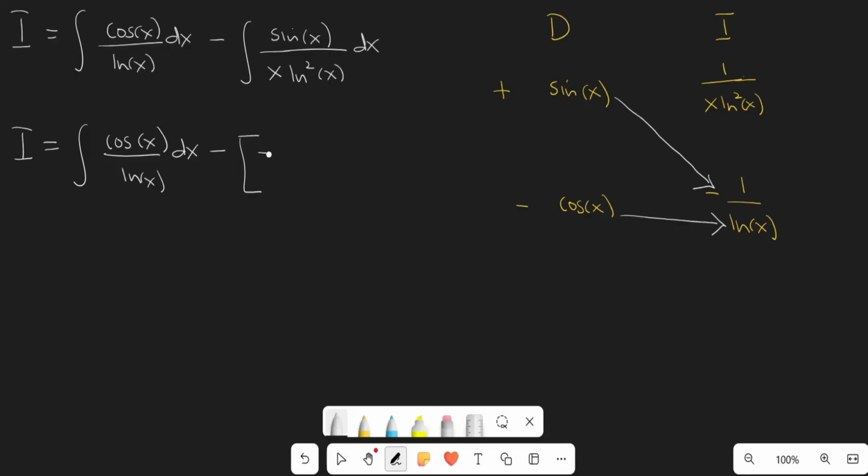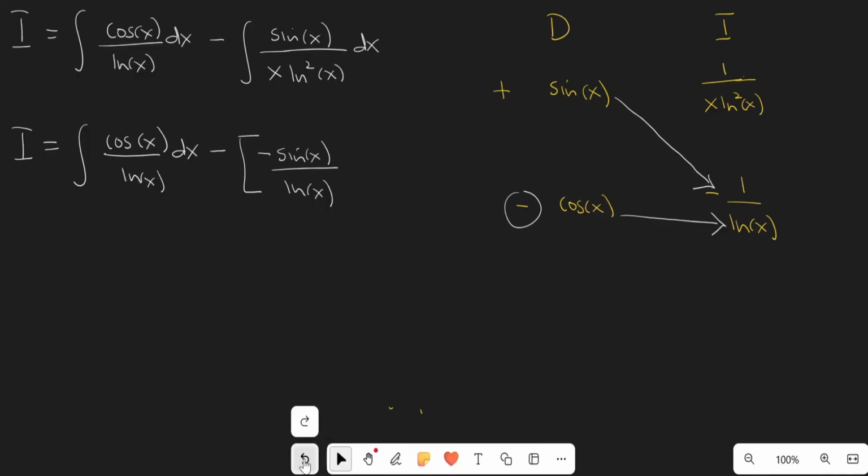That is going to be negative sine of x all over ln of x. Then if you are multiplying terms horizontally, we have to take the integral, but be mindful of this negative and this negative. When you multiply them, that becomes positive, so that's going to be plus the integral of cosine of x divided by ln of x dx.